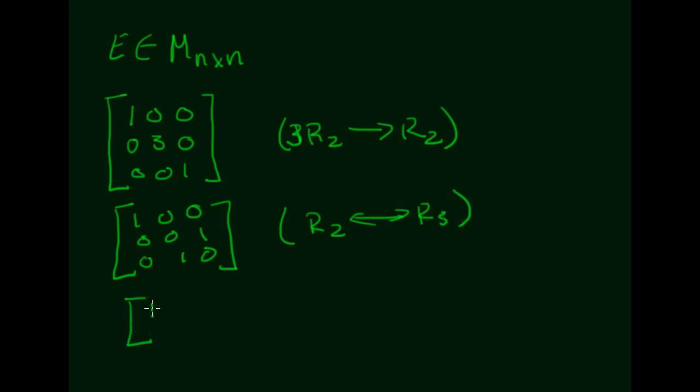Or I could have the matrix 1, 0, 2, 1. And this would be take 2 times row 1 and add it to row 2 and store that in row 2. Each of these is an example of taking an identity matrix, performing exactly one row operation on it, and getting an elementary matrix.